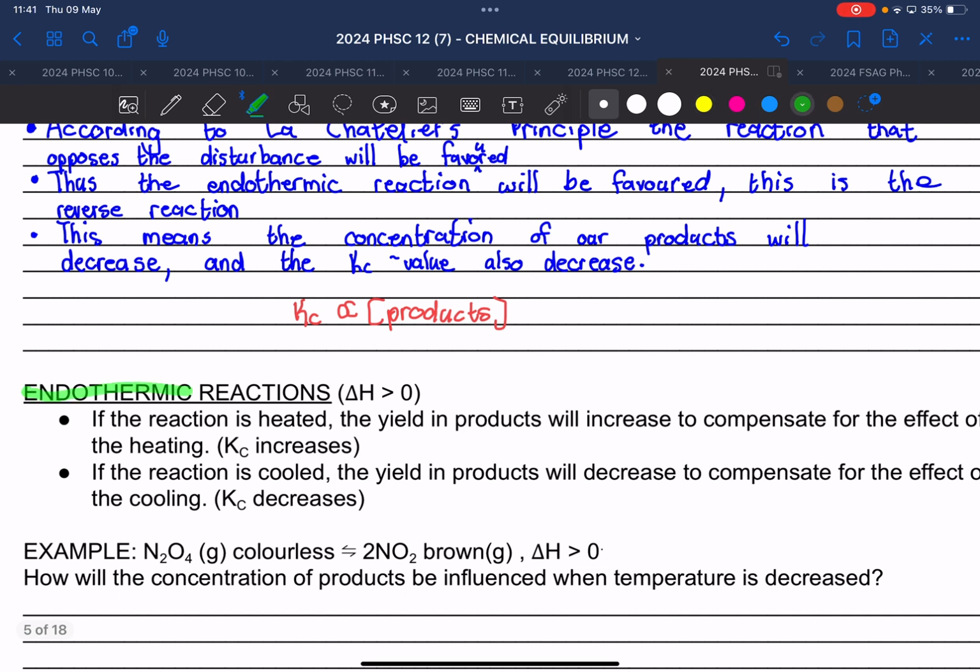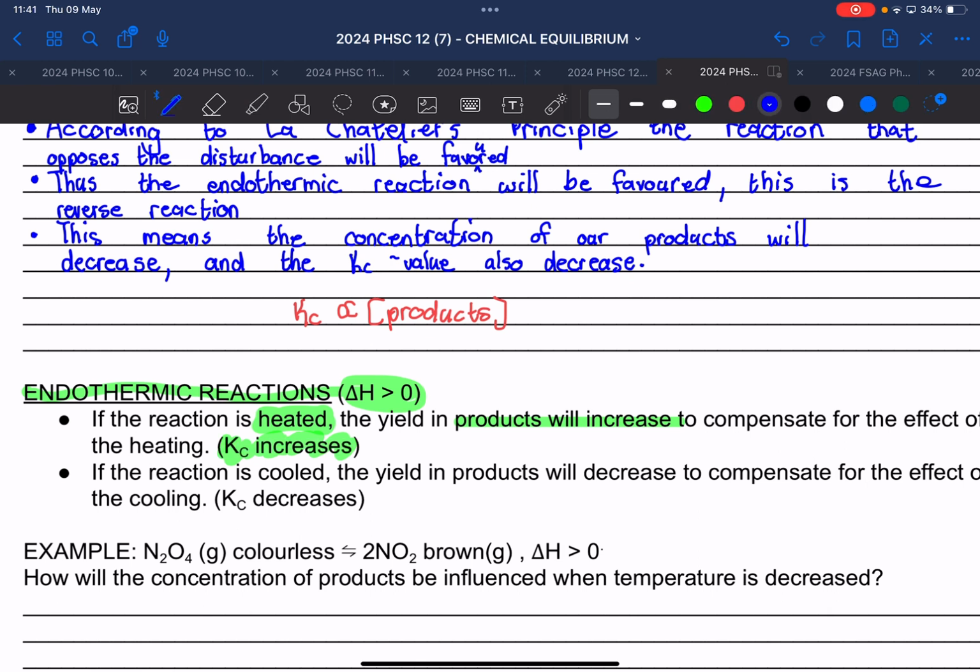Okay, so endothermic means delta H is bigger than 0. So if our reaction is heated, we add temperature, we add heat. The yield in products will increase, and that means our equilibrium constant will also increase.